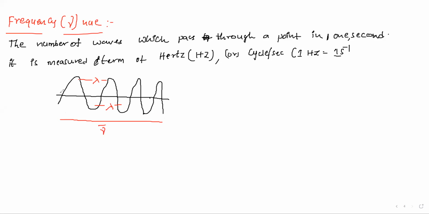And one more: the number of waves that pass through a certain point in 1 second. అంటే 1 second లో ఈ పాయింట్ నుంచి ఎన్ని వేవ్స్ అయితే పోయినాయో దాన్ని మనం ఫ్రీక్వెన్సీ అంటాం. The number of waves that pass through a certain point is called frequency. ఓకేనా? Is it clear everyone?